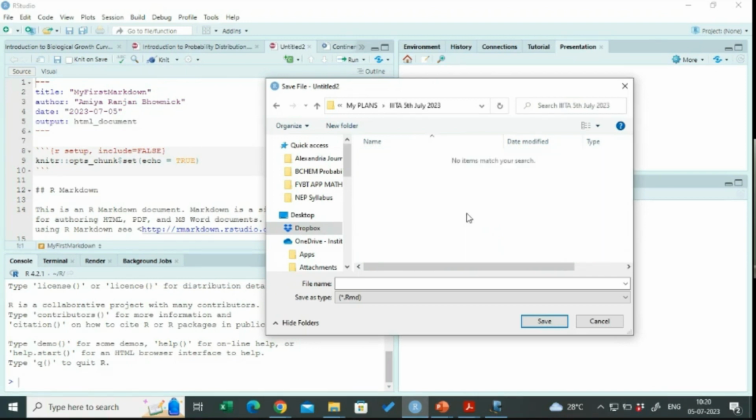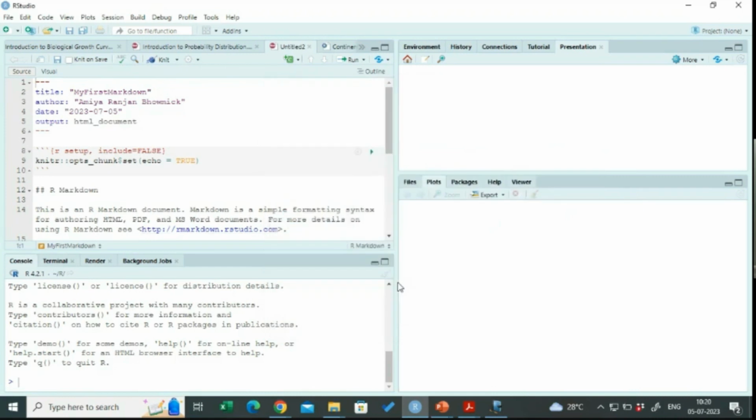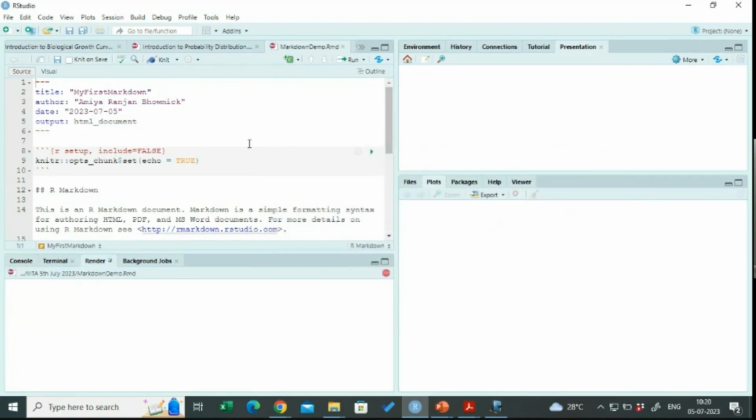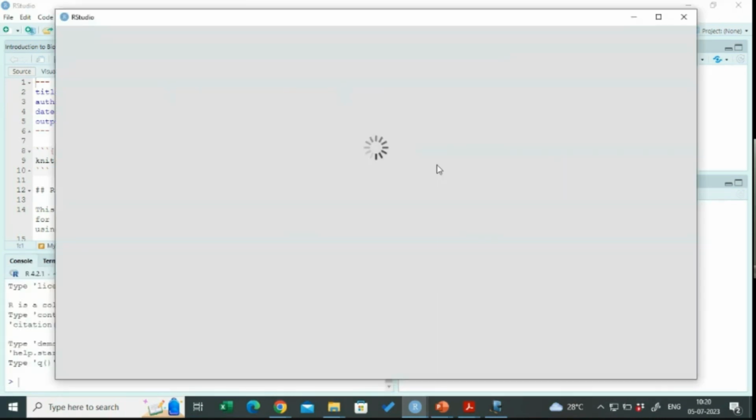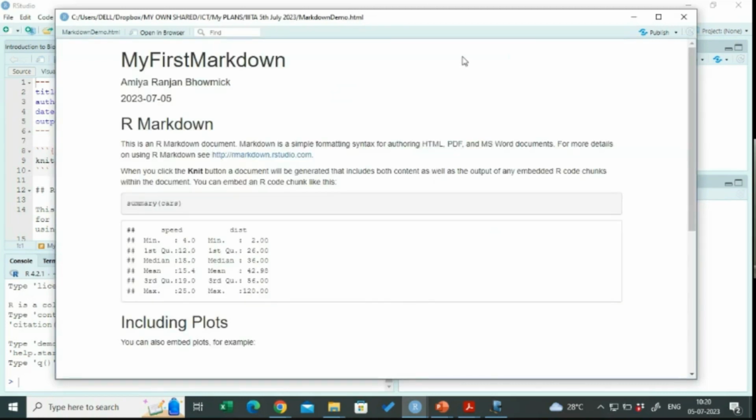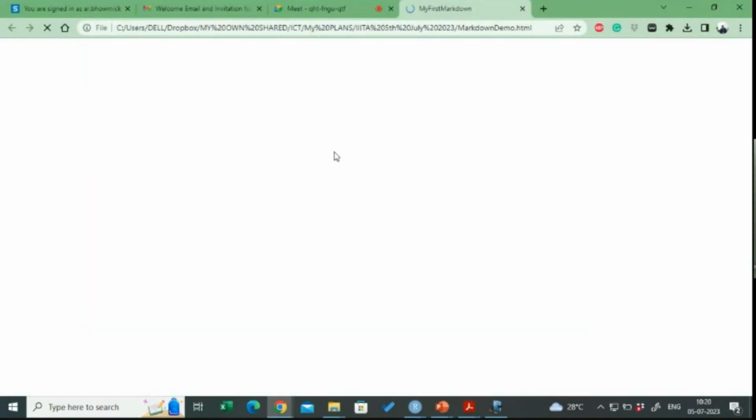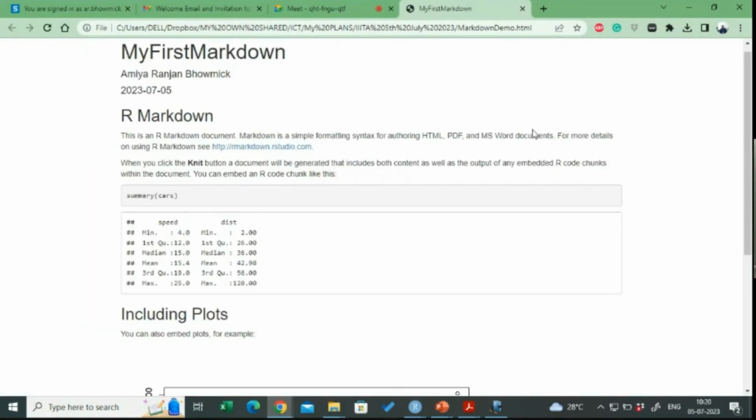We have to give a name also. So executed it. It's getting rendered, and this is the file that you have got. You can open it in the browser also. Just click open in browser. So this is going to open in the browser.